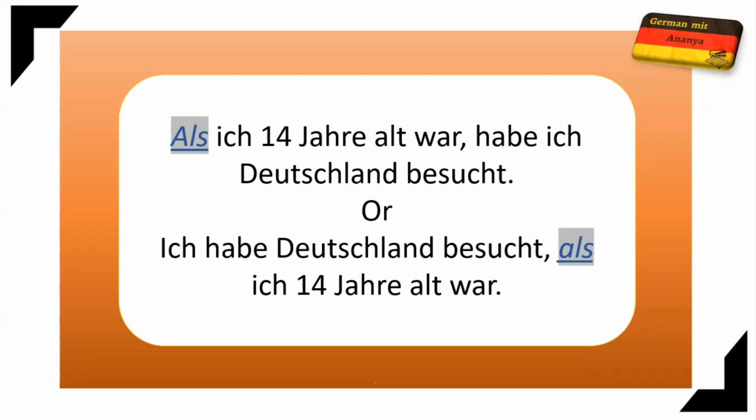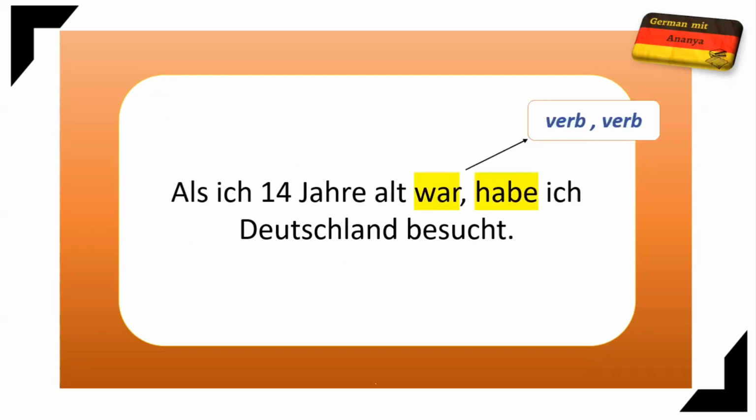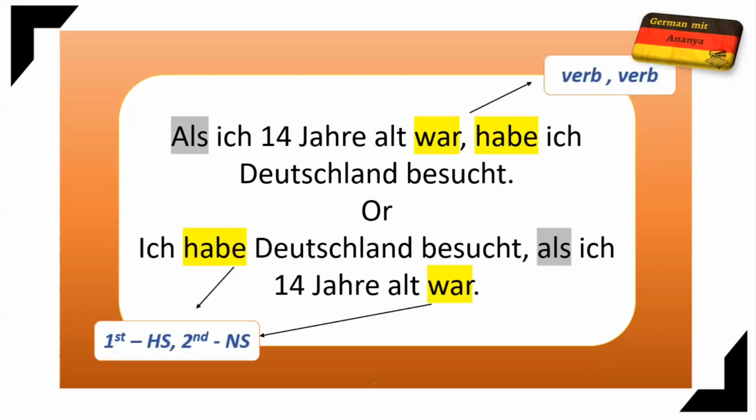So you can use any of them. If you are using als in your first sentence, then the rule will be verb, comma, verb: war, then comma, then habe. But if you are using als in your second sentence, then the first sentence will be your Hauptsatz and the second will be your Nebensatz. You have to remember this. This is a very important thing.